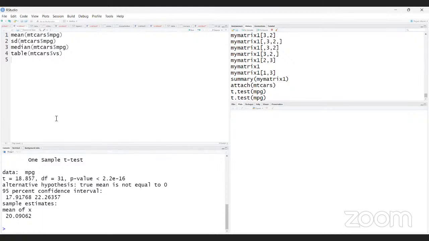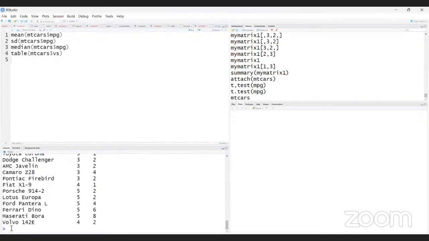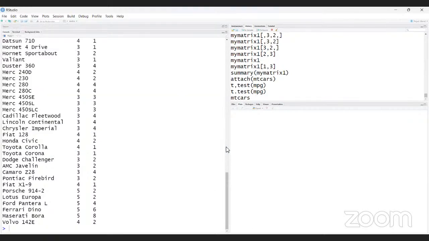Now I am writing in the console mtcars. And mtcars includes some data which is metric data and some data which is categorical data.